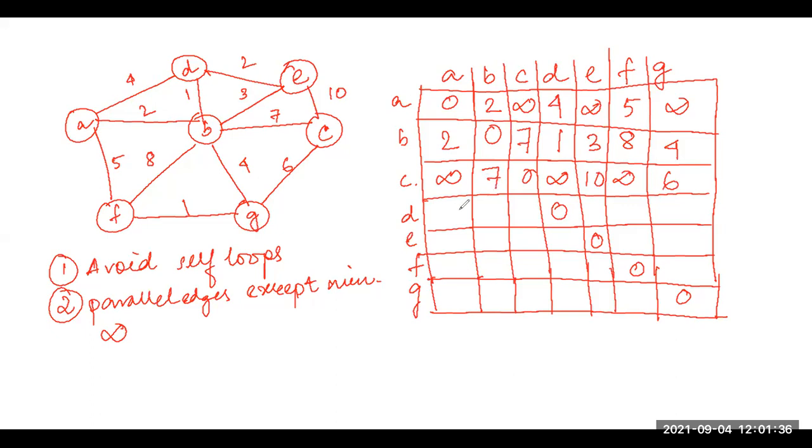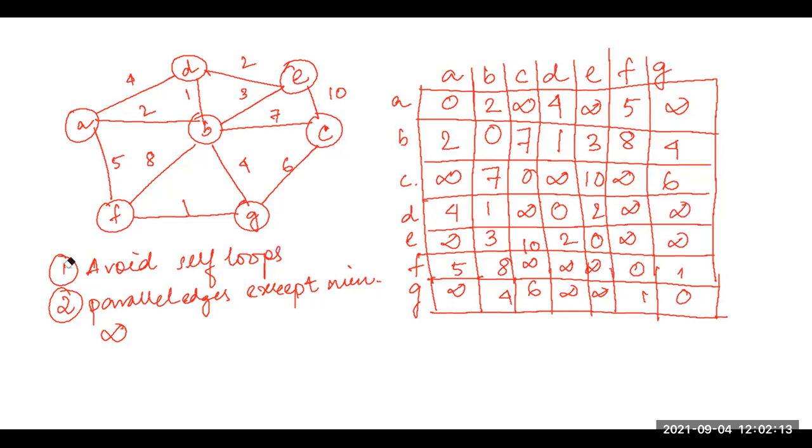So like this, I will just quickly fill up all my entries. So this is my entire connection matrix.